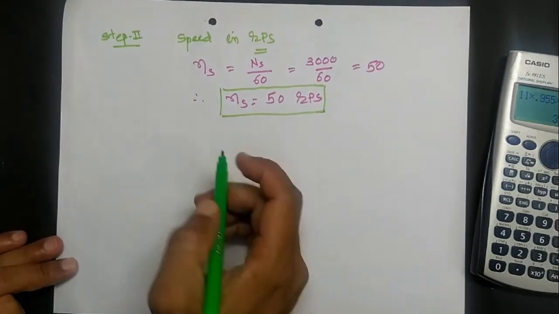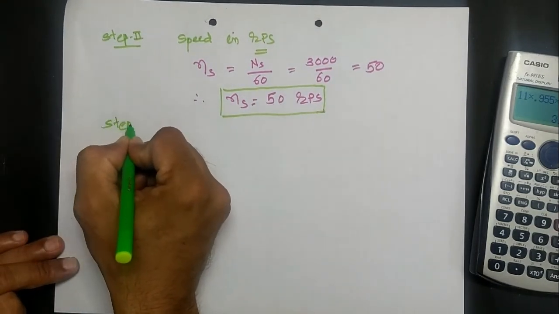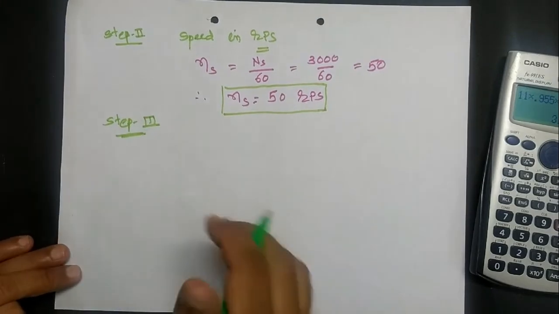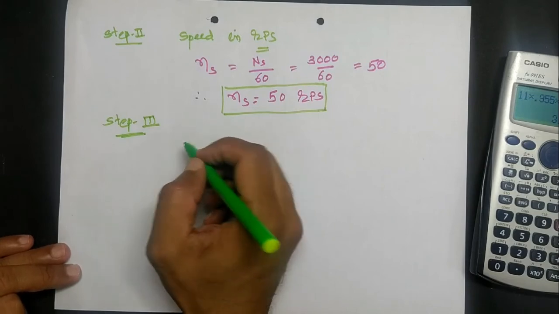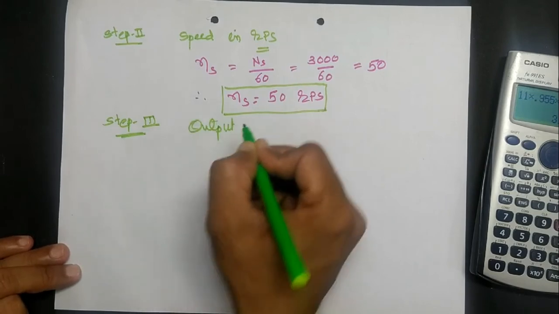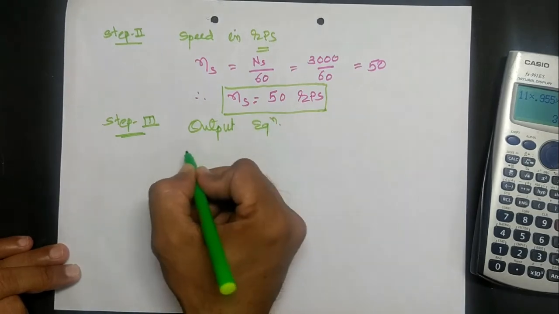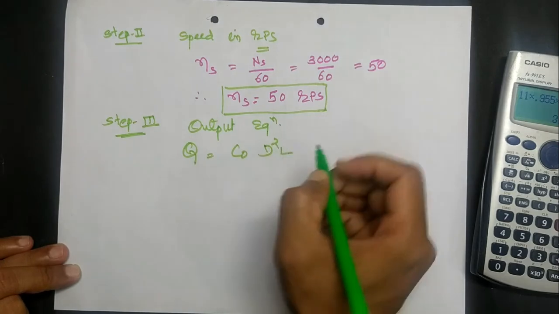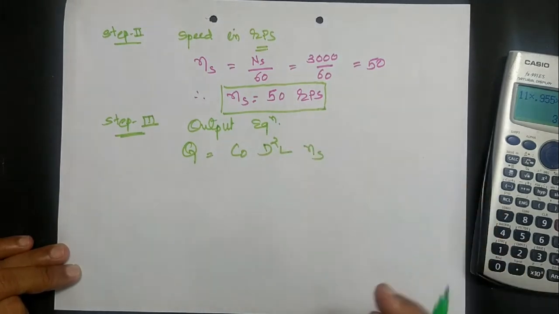Now in step 3, we have to calculate D square L. Based on output equation, Q is equal to CO D square L multiplied by NS.